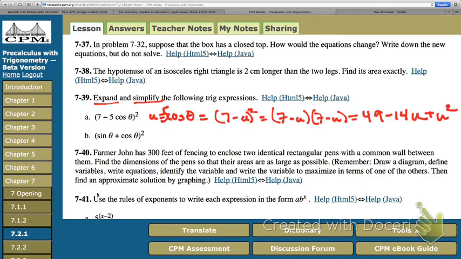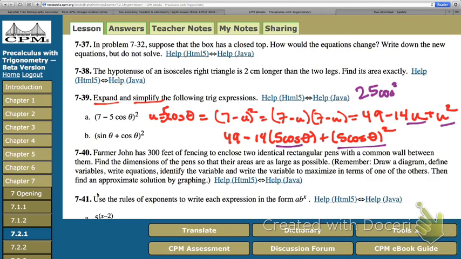There we go. Alright, so we get 49 minus 14 times 5 cosine theta. There's your u substitution, plus 5 cosine theta squared. And this final answer, so you see the u substitution right here, would be 25 cosine squared theta minus 70 cosine theta plus 49. Sneaking it in. Okay.